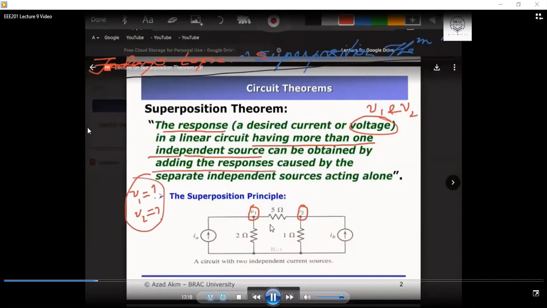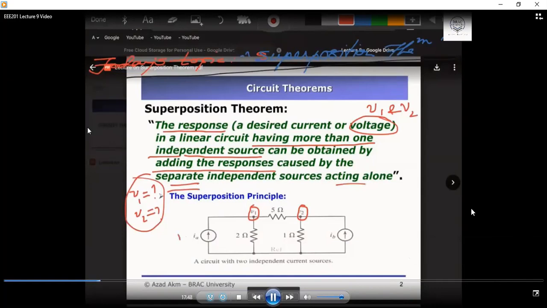That means one source acts at a time, and all the others will be deactivated. If IA is active, then at that time the other will be inactive, and you have to find the values of V1 and V2 at that time.